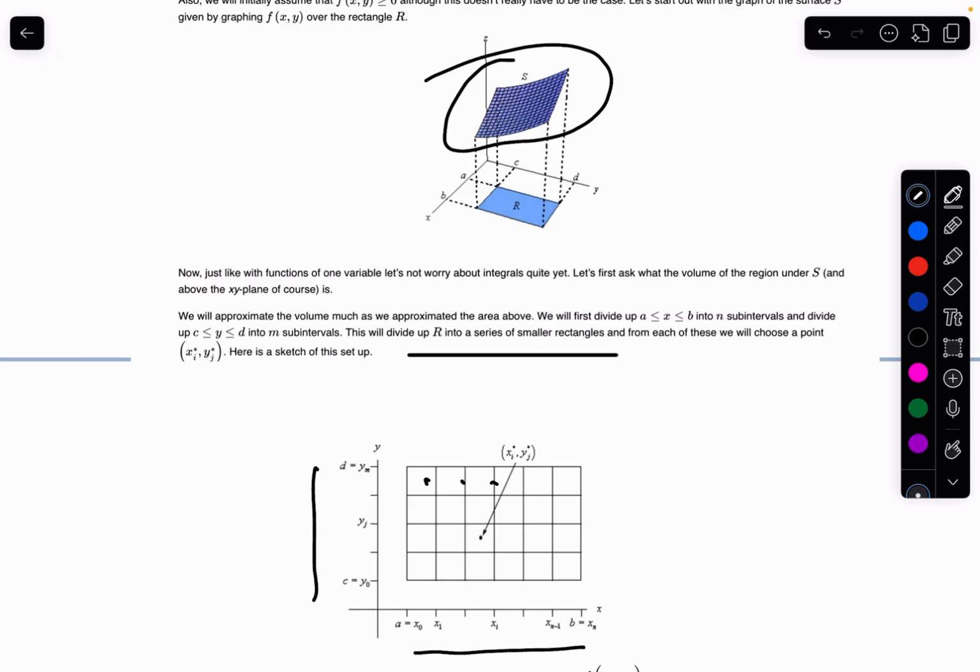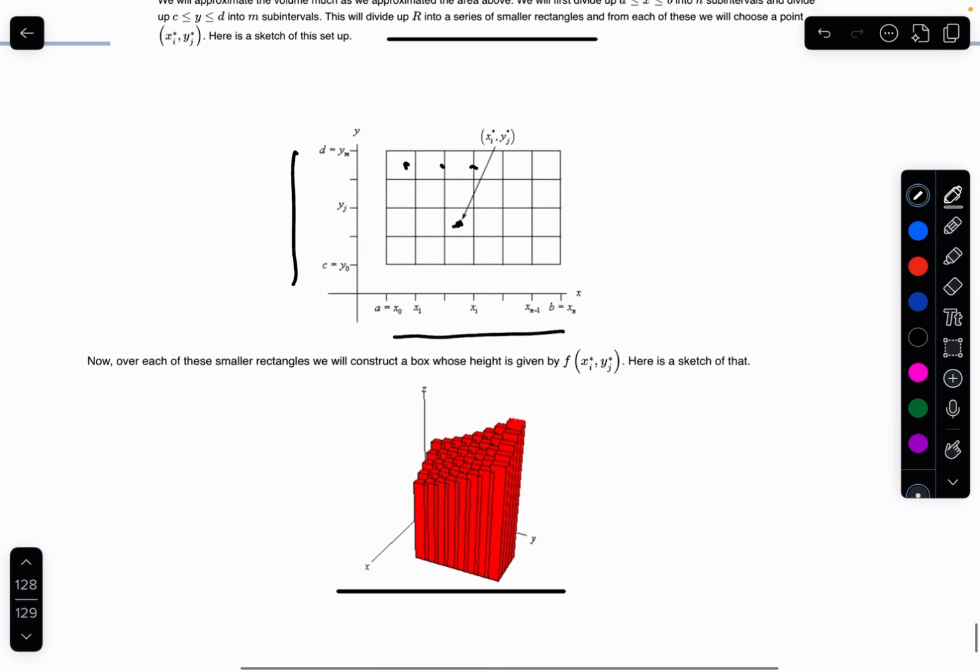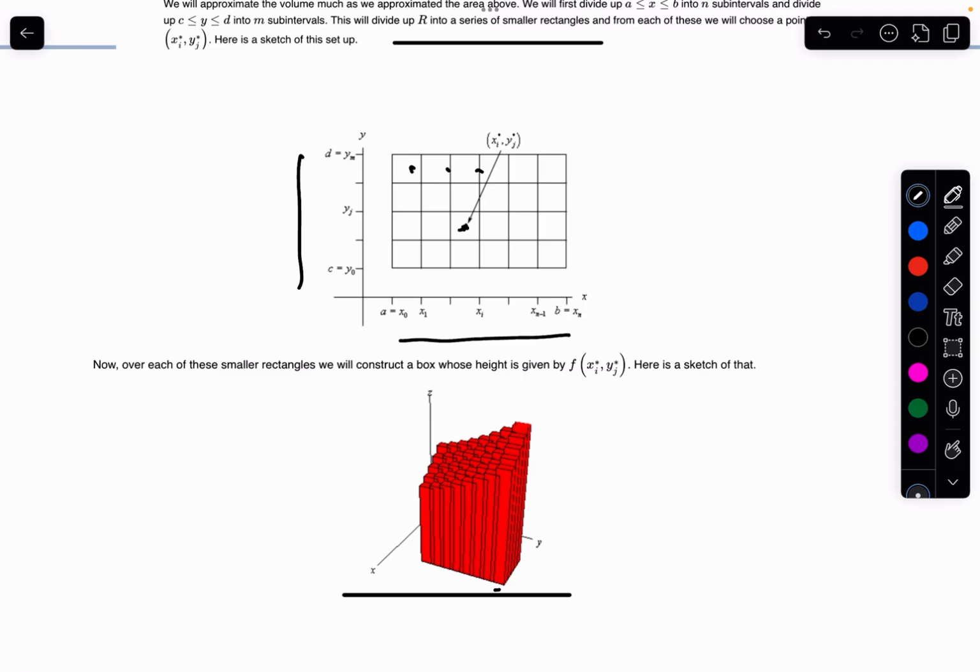So we call these x0, x1, x2, xn, y0, y1, y2, yn. And this is one small square. And we take one point inside, xi star, yj star. And then we take the value of the function, and we erect that and find out the volume of that part.